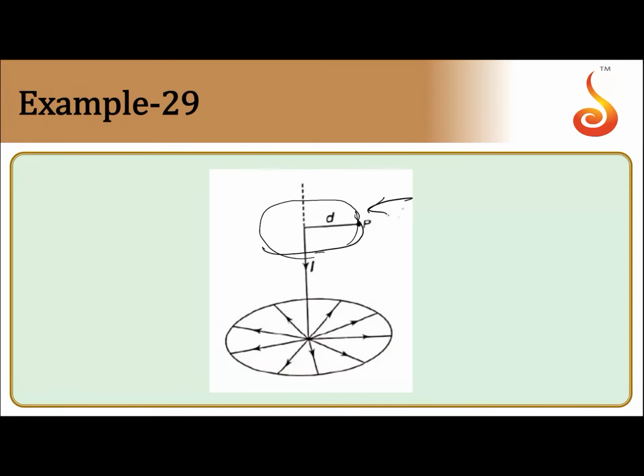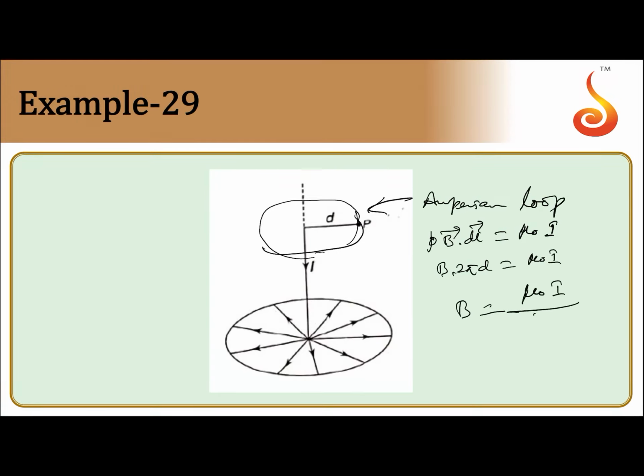This is our Amperian loop, and applying Ampere's law, the integral of B dot dl will be equal to mu naught into the current enclosed. So obviously B into 2 pi d, so B will be equal to mu naught I by 2 pi d. This will be the required answer.